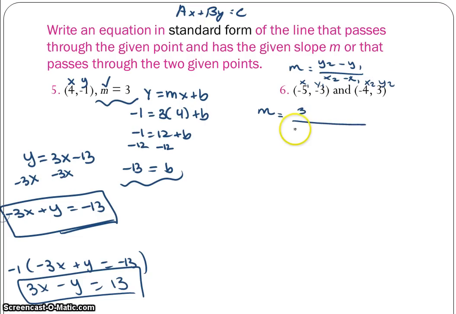So I'm plugging directly into my formula. So I have 3 minus -3 over -4 minus -5. Changing my signs up top, I get 6 over 1. So my slope, m, is 6.